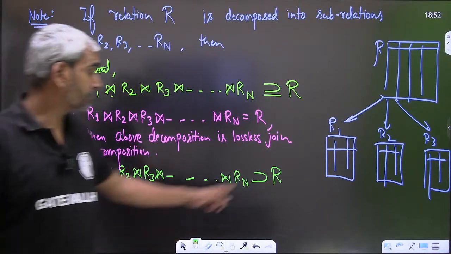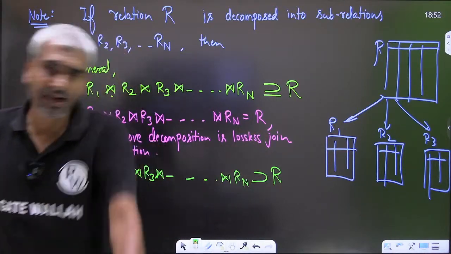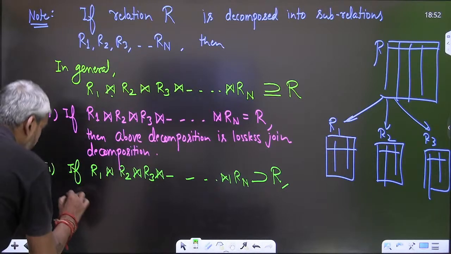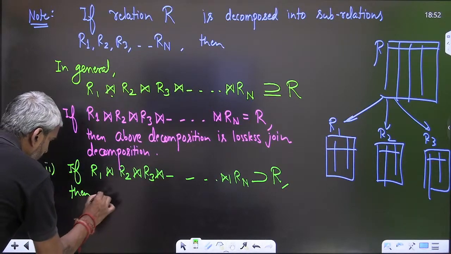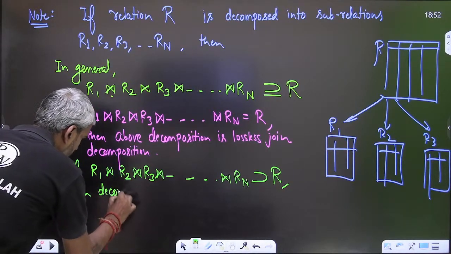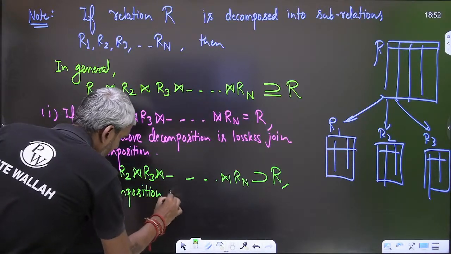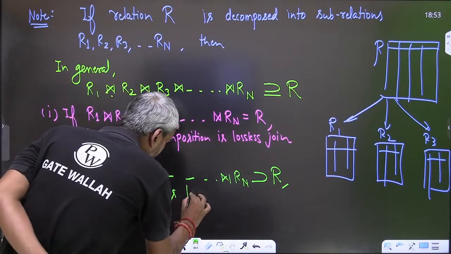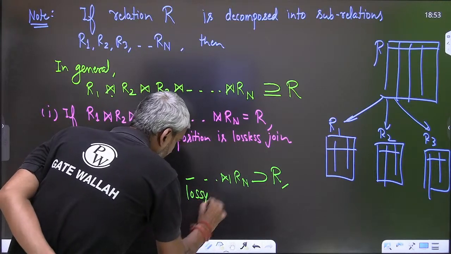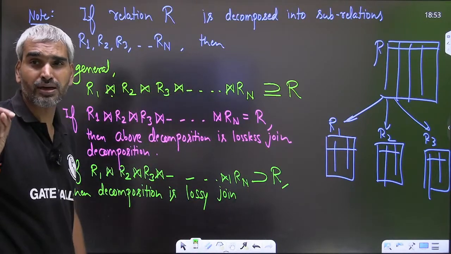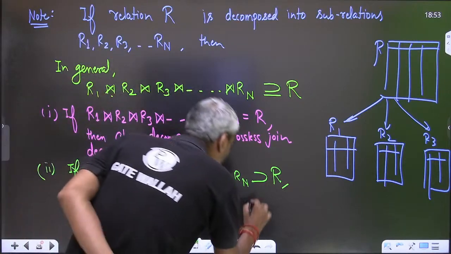We have all the tuples of R, but we have at least one extra tuple. Then the decomposition is a lossy join decomposition. Lossy. That means even if you join, you will not be able to get the exact same information.